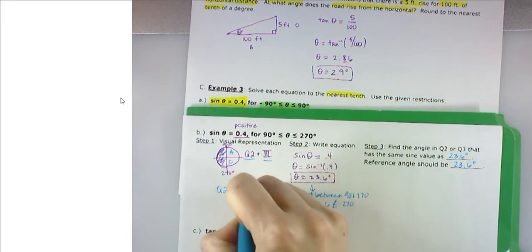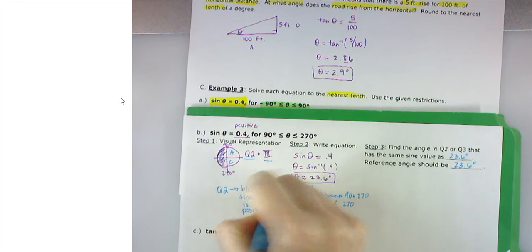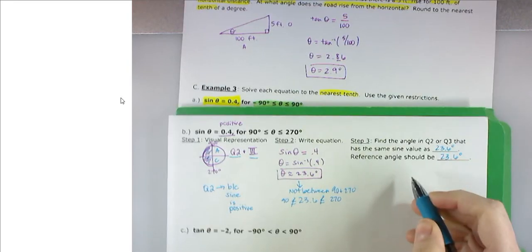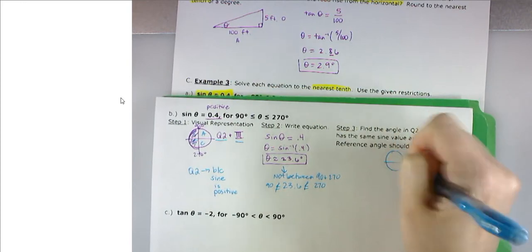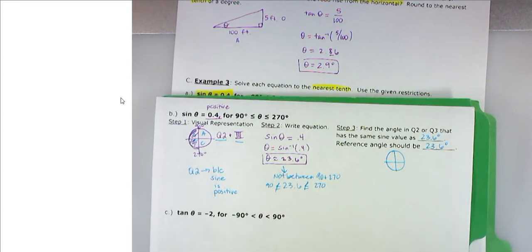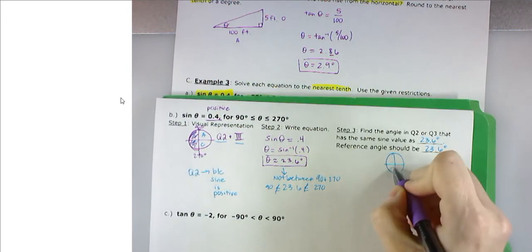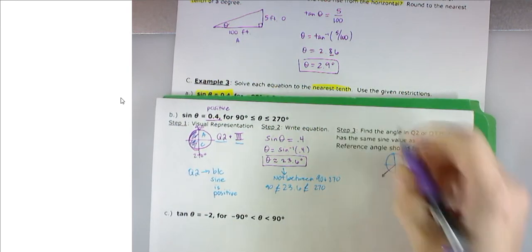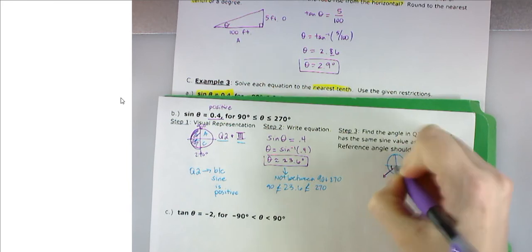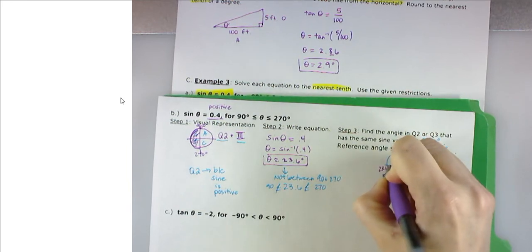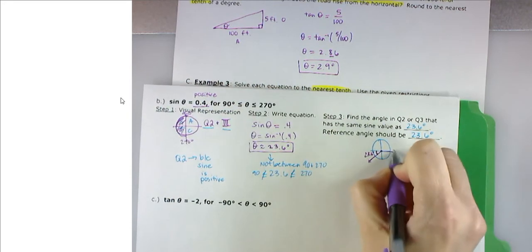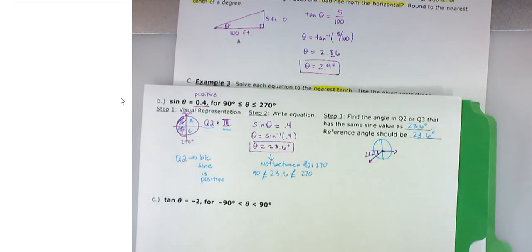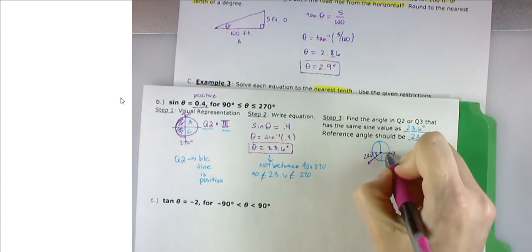So all we have to do here is set up the reference angle in quadrant 3. So what you're trying to do is find the angle. If this is our reference angle, the 23.6 degrees, you're trying to find the actual angle starting at 0 and ending at this terminal side here.